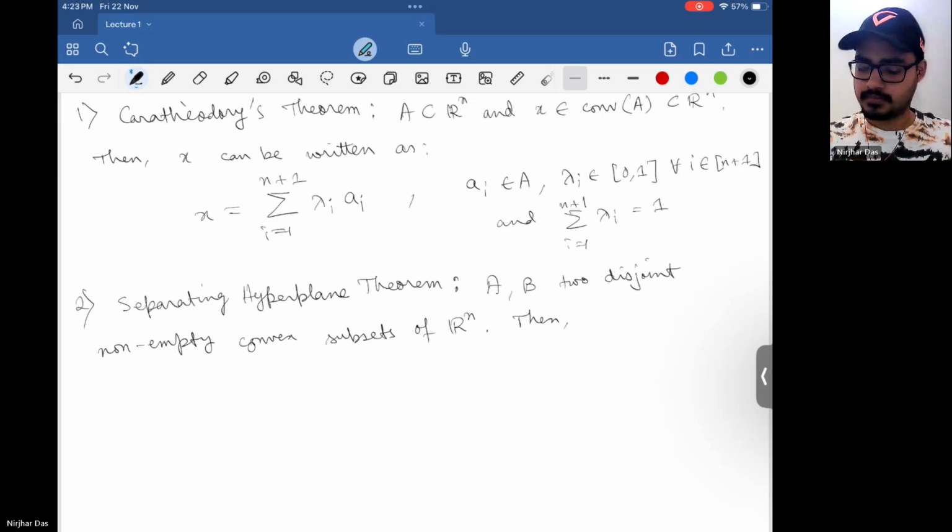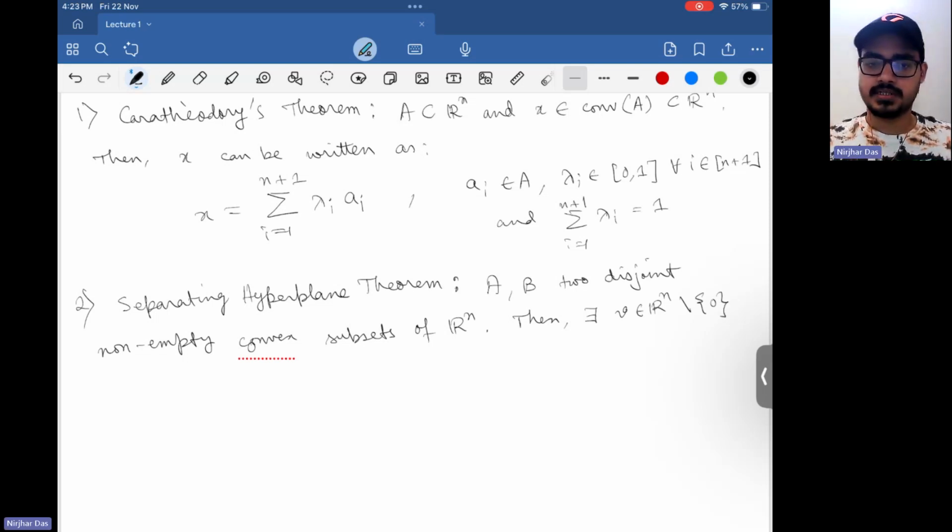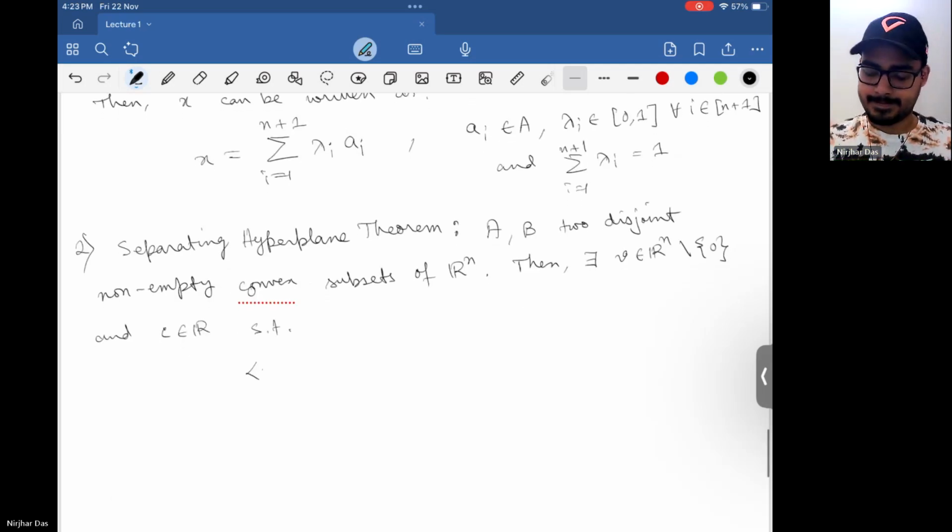Then there exists v belongs to R^n minus 0, so all vectors except the 0 vector. So there exists a vector in that set, and c belongs to R such that x inner product v is less than or equal to c is less than or equal to y inner product v for all x belongs to A and y belongs to B.